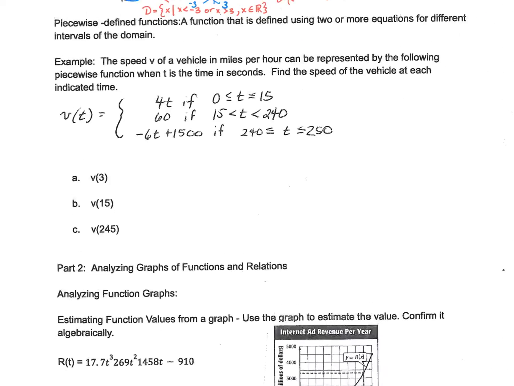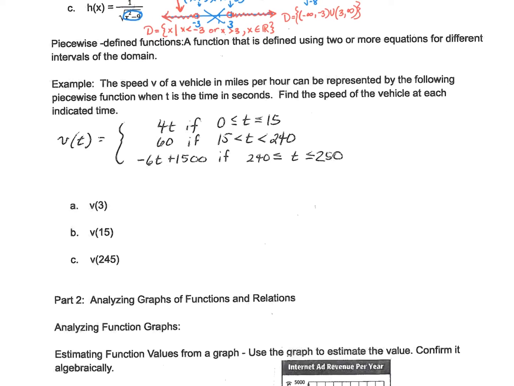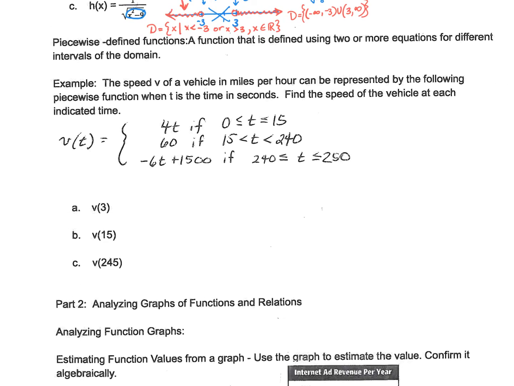All right. Let's look at this example. Piecewise functions. It's defined using 2 or more equations, right? V of x right there is an example of a piecewise equation. Do you know why we study piecewise equations right here? Look what all of these are effectively telling you. Haven't we just been talking about domain restrictions?